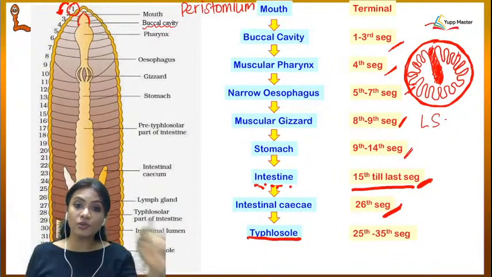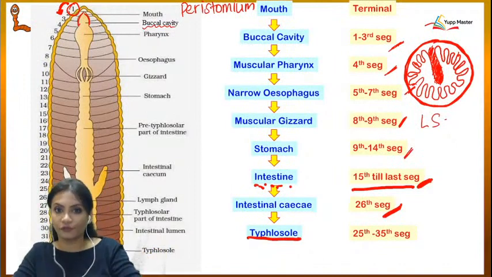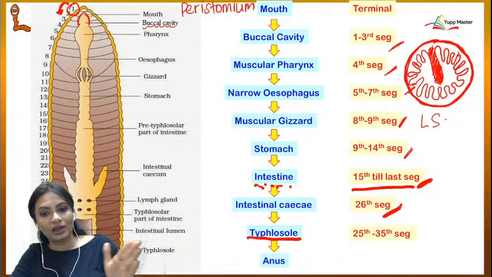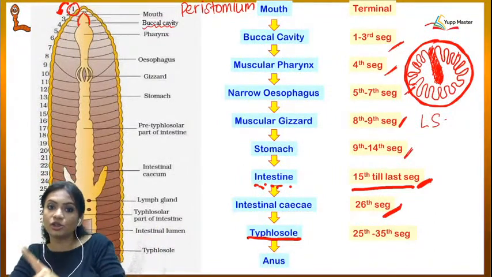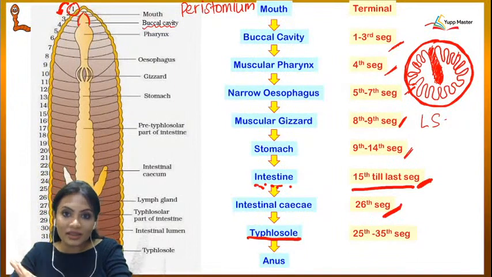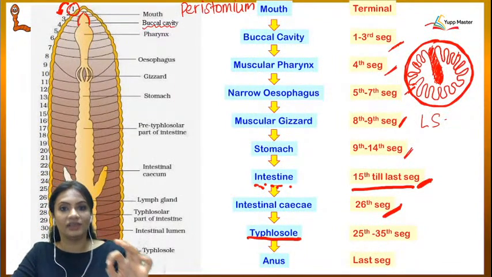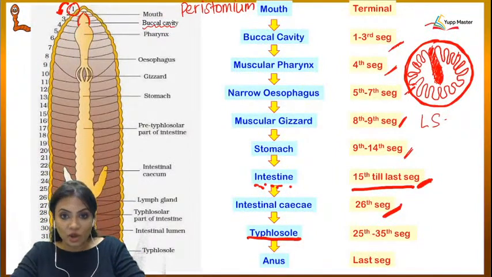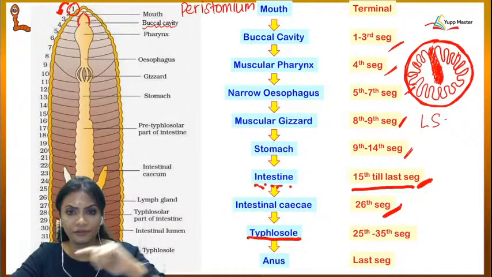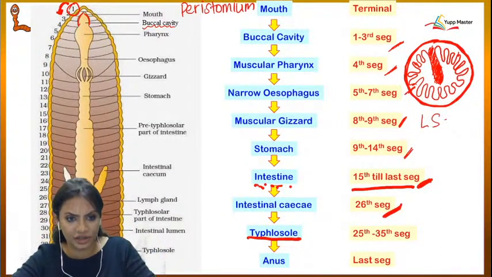Then from 25th till 35th segment, we have the typhlosole, and after the typhlosole, the whole intestine is going to continue until that last segment, the 100 or 120th segment, and finally in the terminal segment you will have the anus. Alright, so we saw over here the names and the numbers of all the different segments, which segment contains which part of the digestive system.